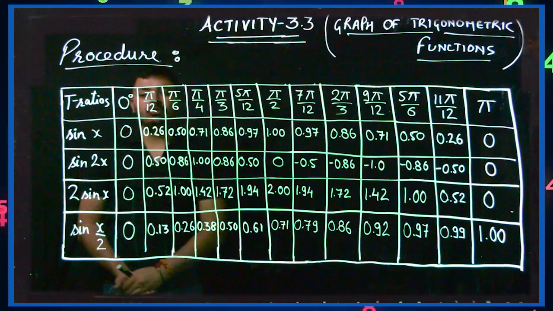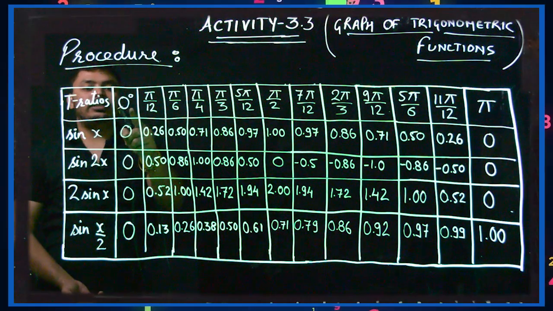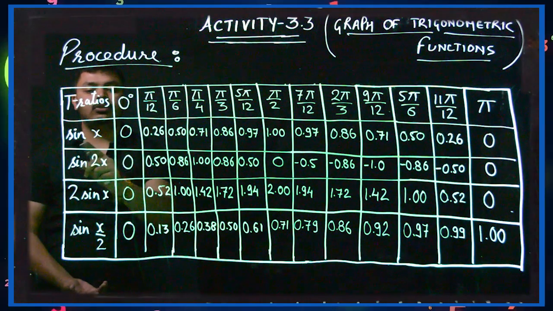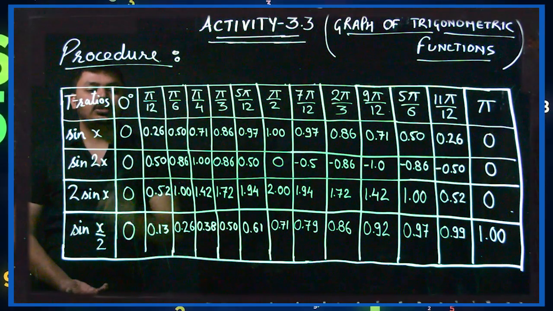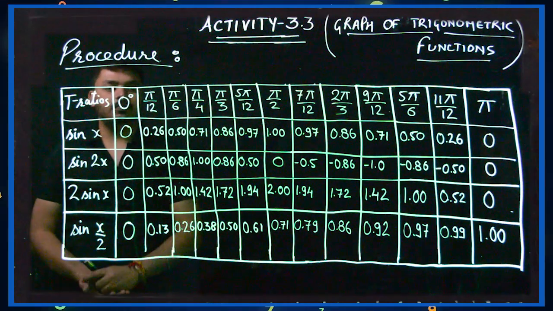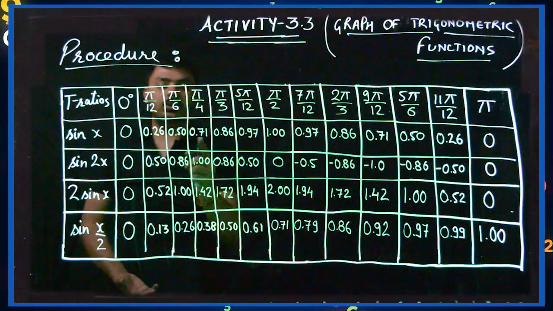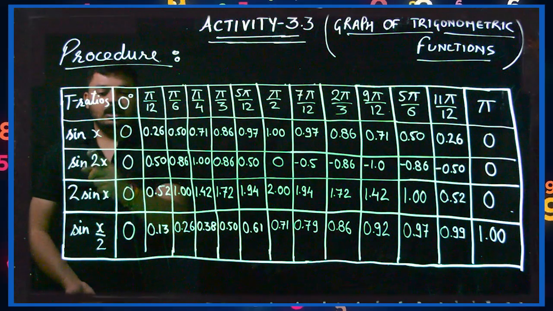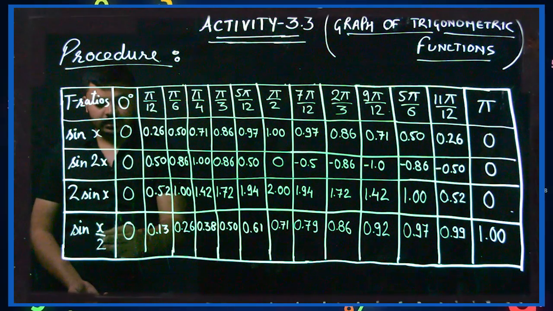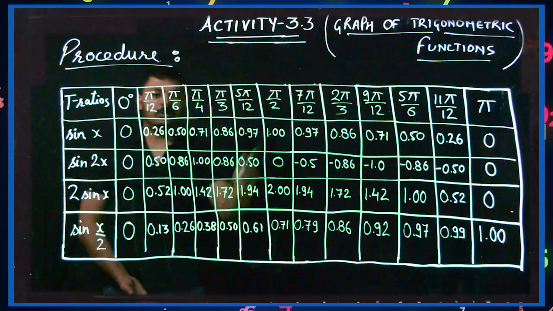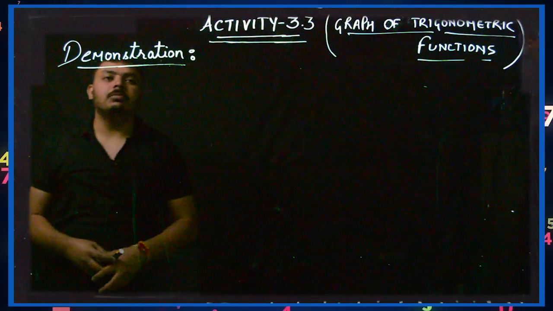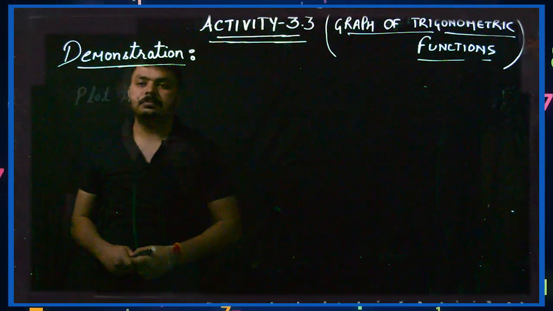And these are the values of sin x: sin 0 degree is 0, sin pi by 12 is 0.26, sin pi by 6 is 0.50, sin pi by 4 is 0.71. Similarly, the values of sin 2x, 2 sin x and sin x by 2 have been provided in this table.